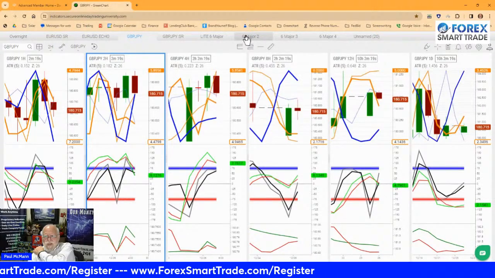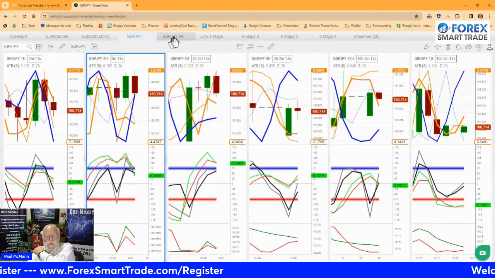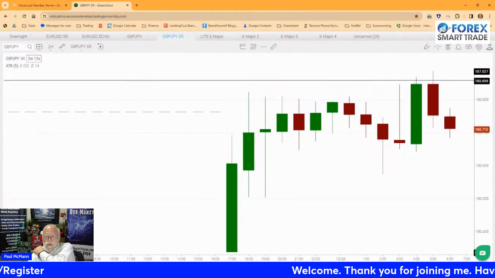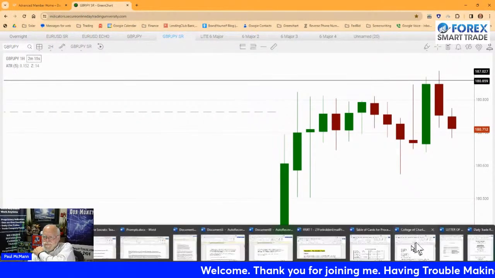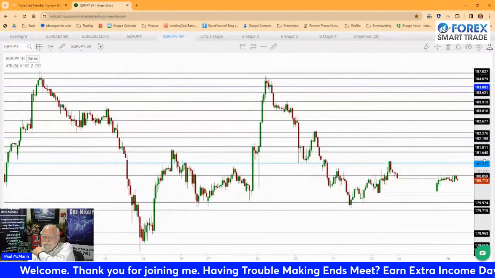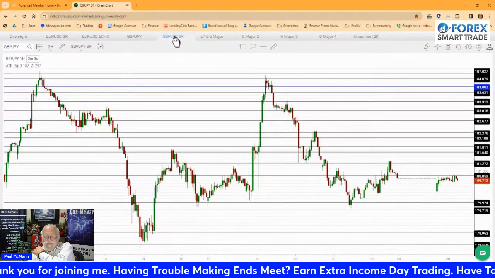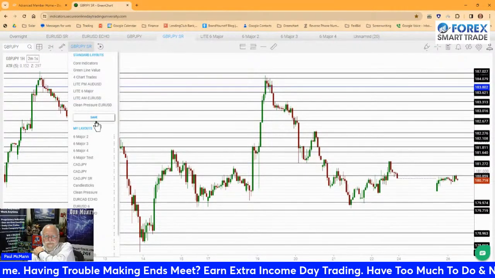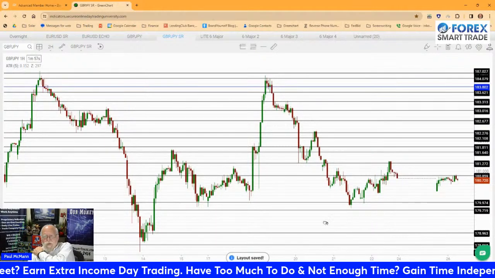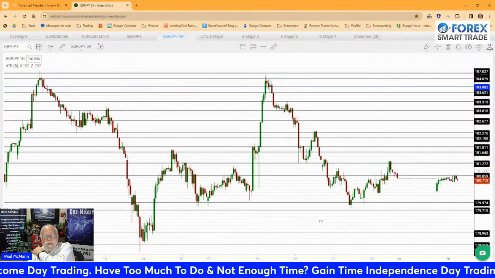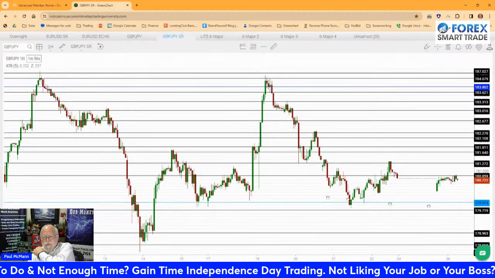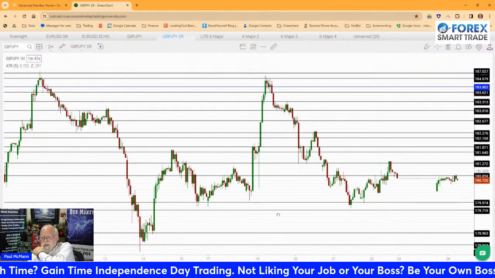Let's see what else we have. I guess we could take a look and see what it might be worth. What the heck's going on here? You can see that since I trade the pound yen, I already have the support and resistance drawn in on a chart.